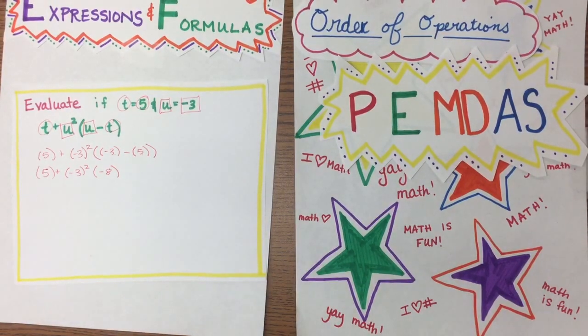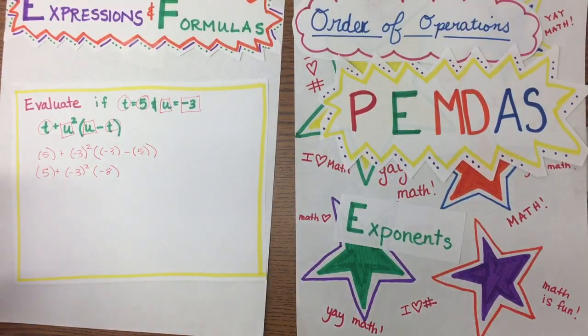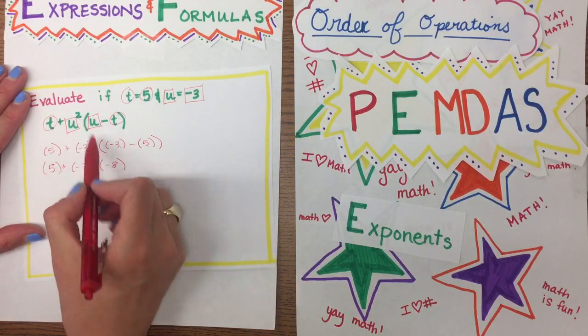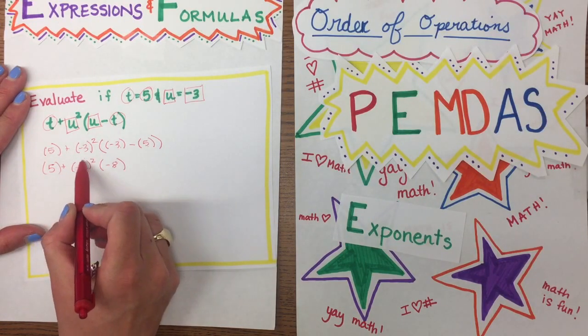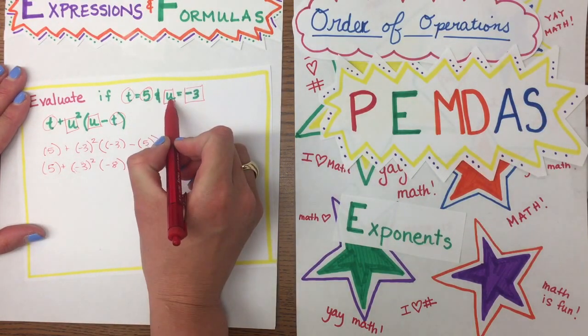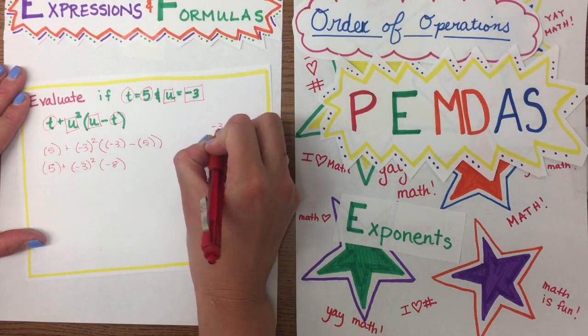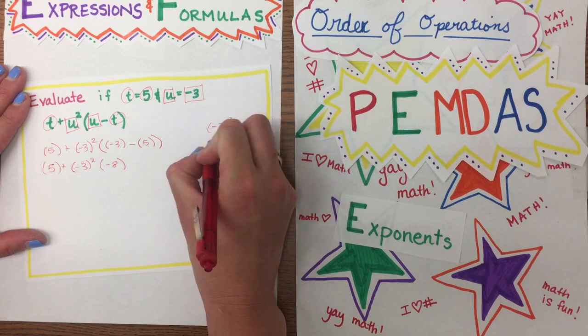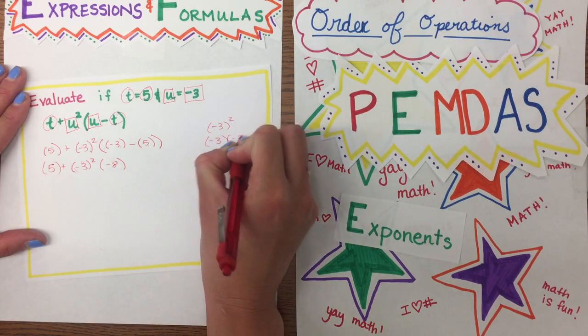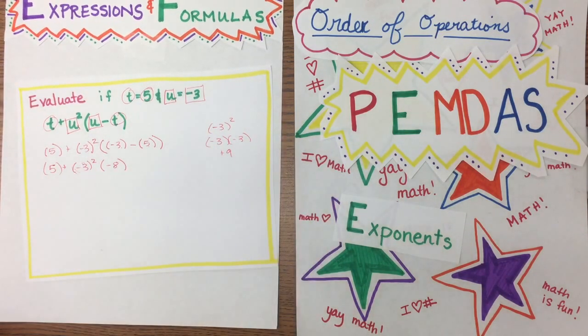Now it's time to work on the E, which is exponents. I have one exponent here. The quantity -3 is squared. I'm squaring u in my original problem, and u is -3. -3 squared is -3 times -3, which is +9.